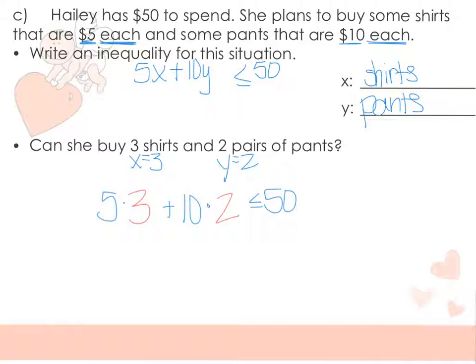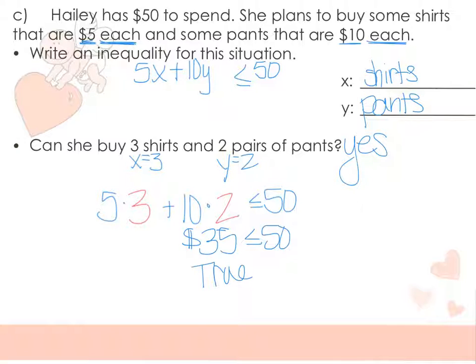So if I were to buy those things, that would be $35. Is $35 less than or equal to 50? That is true. So because we found something that made that inequality be true, she could go to, I don't know, Kohl's, wherever, and she could buy 3 shirts and 2 pairs of pants if they were priced at those prices above.